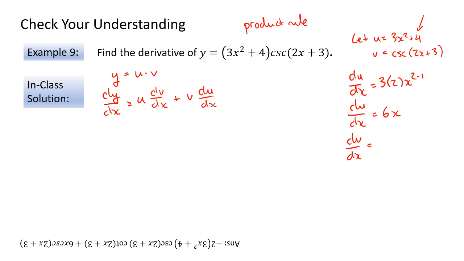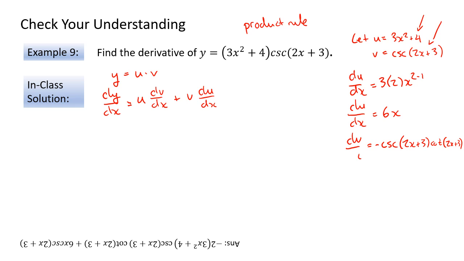And again, I'm going to write it down. You can reference the previous slide, or if you have a printout of it, just to know this. But the derivative of cosecant is negative cosecant of the function 2x plus 3 times cotangent of the function 2x plus 3. But remember, the function in here is not just x, so we have to take the derivative of that function too.